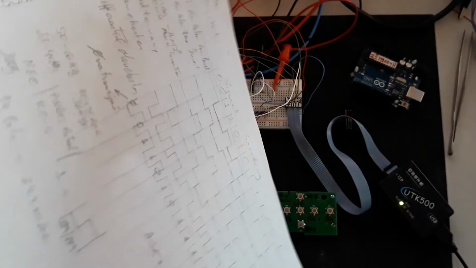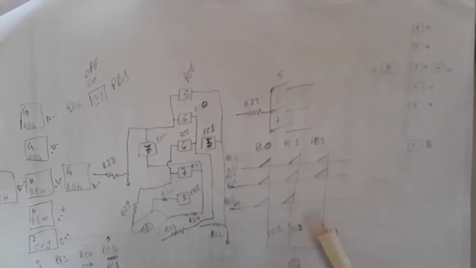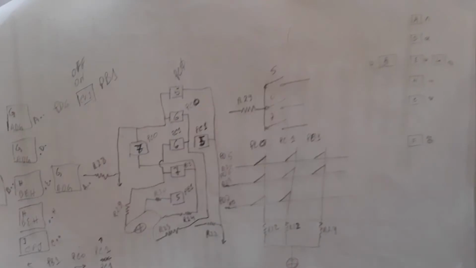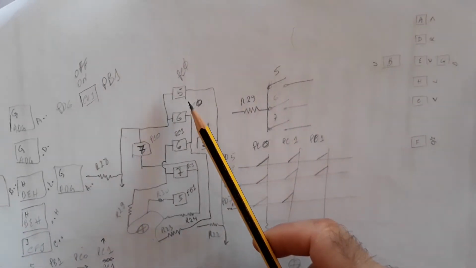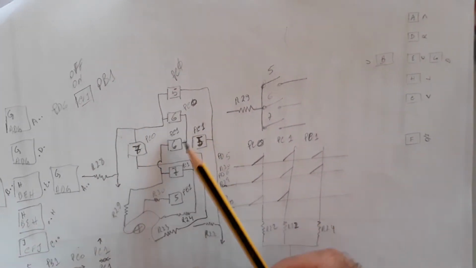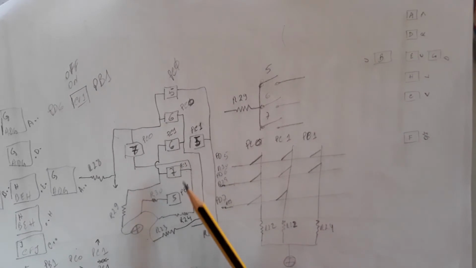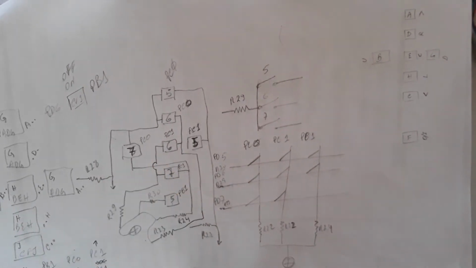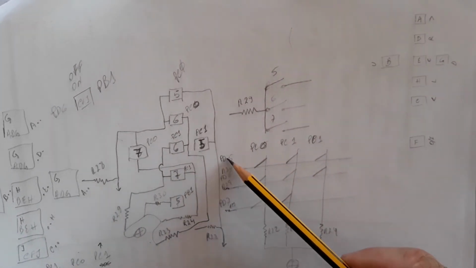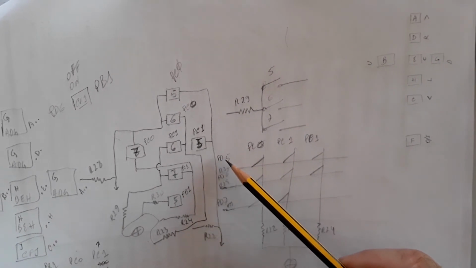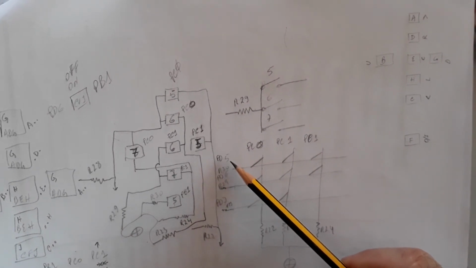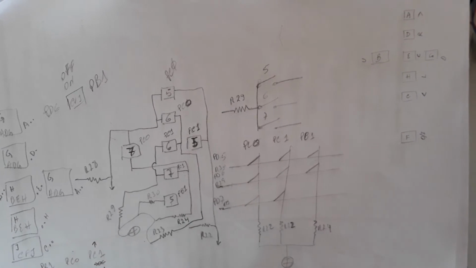Let me try to show you the key matrix and the pins which control the key matrix, okay? Here you have PD5, PD6, PD7. In port D I use the 5, the 6 and the 7, okay?